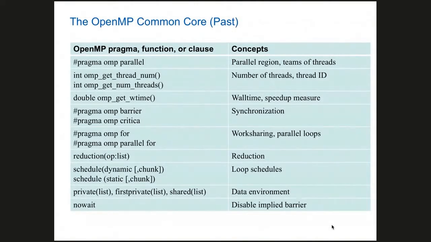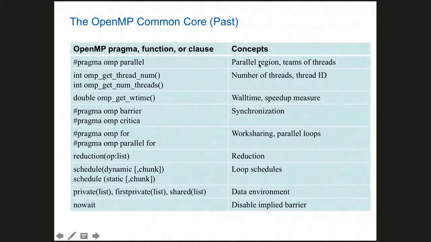So it's simple, and the traditional OpenMP code only uses a few OpenMP related lines. Here we list around 10 of them. Any OpenMP code always starts with parallel, because that's the key concept.